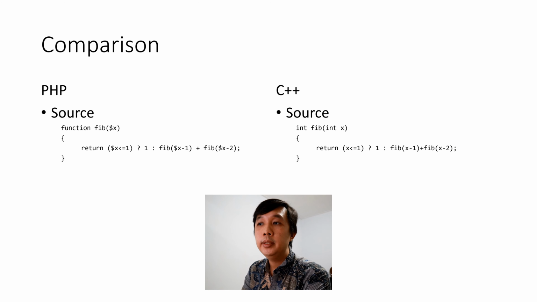On the screen you can see that both the PHP and C++ functions are remarkably similar. They both use the ternary operator, and both are recursive in two ways, so it will have two branches for each level of recursion, and from there you can see that they are approximately as intensive in terms of computational complexity.